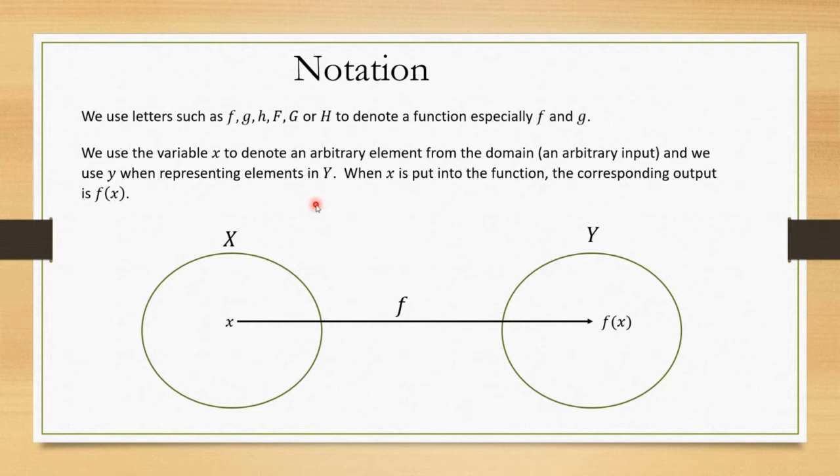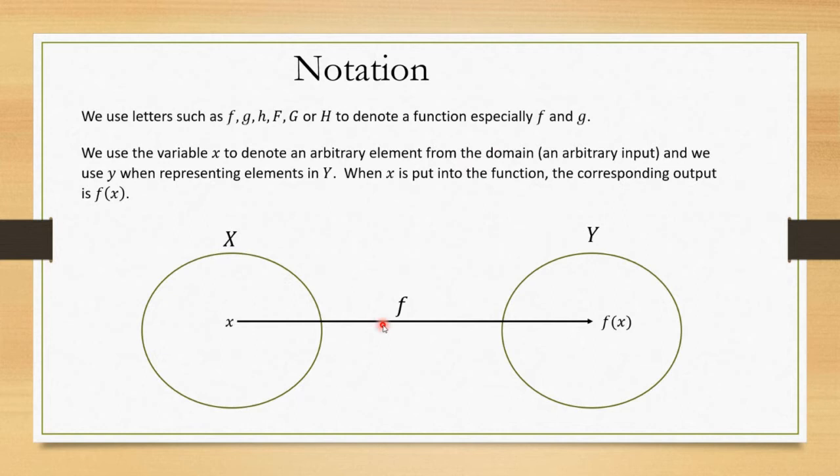Usually it's going to be letters like f and g, just like we use little x usually as a variable for numbers. I'm guessing that's just convention or tradition, I don't know. But that's just what people do.